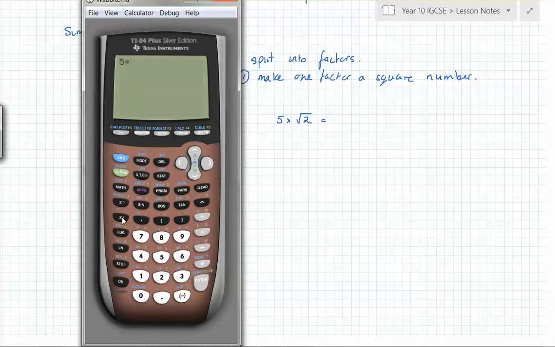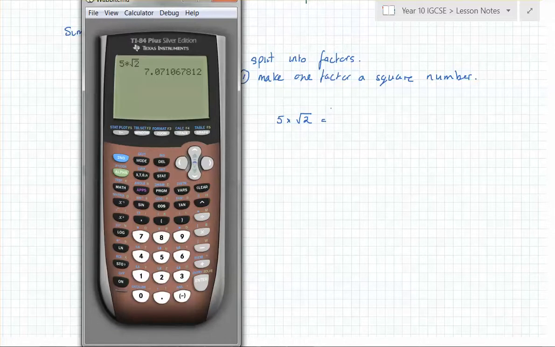So second function square root. So the blue button here, and then this button down here. Got the blue square root. You see it on your calculator. 7.0710. So I press enter. 7.07. Is there any repeating going on? Is that a terminating decimal?